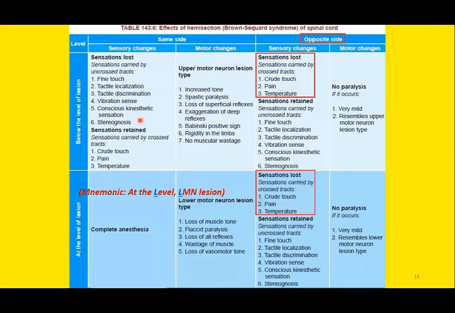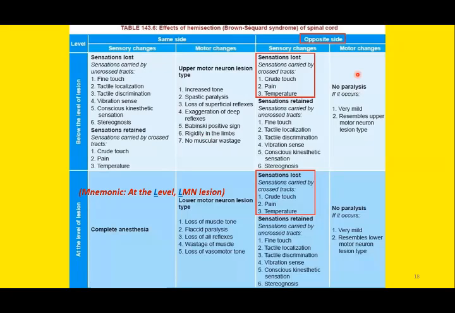So below the level of lesion, the upper motor neurons are damaged. Hence, there will be upper motor neuron type of paralysis. At the level of lesion, the lower motor neurons are damaged. So there will be lower motor neuron type of paralysis on the same side.